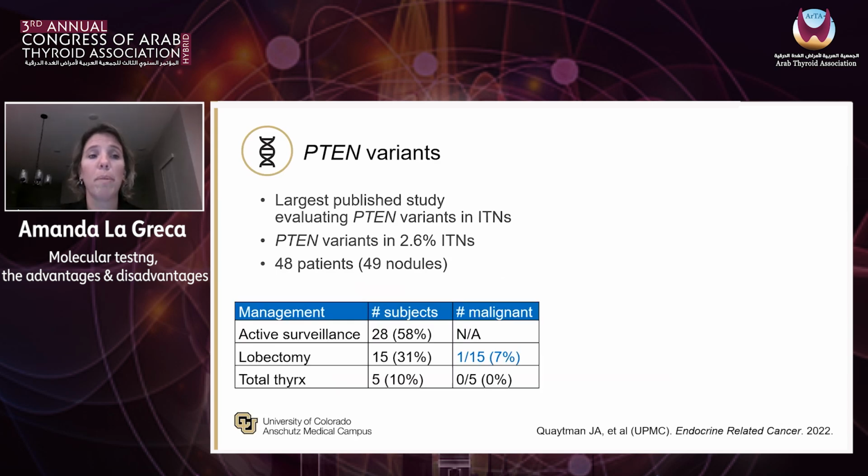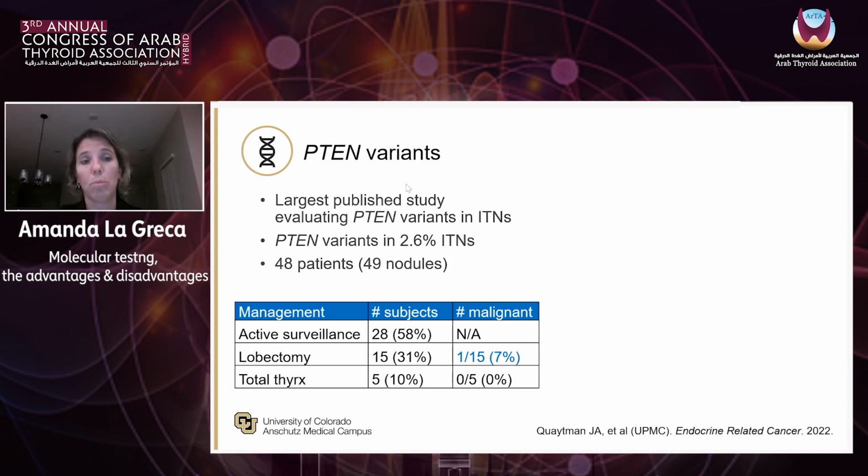So what do we know about the PTEN variant? This is the largest study published about PTEN variant in indeterminate thyroid nodules. It was found in 2.6% of these indeterminate thyroid nodules, and these are 48 patients, 49 total nodules.